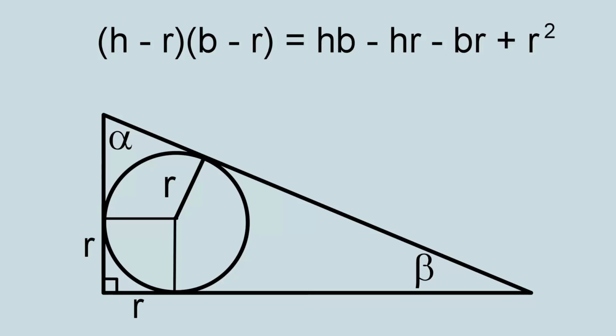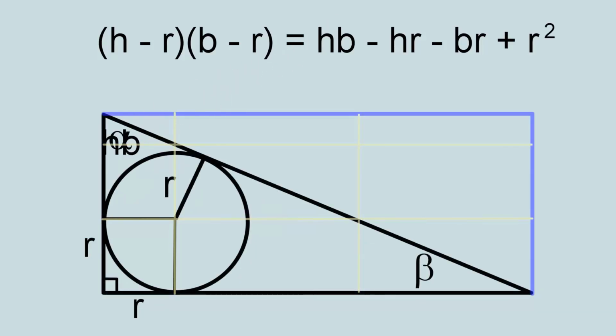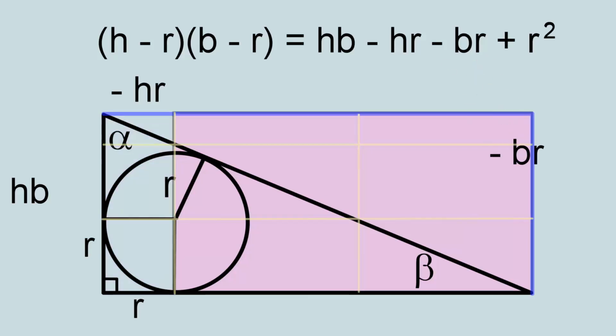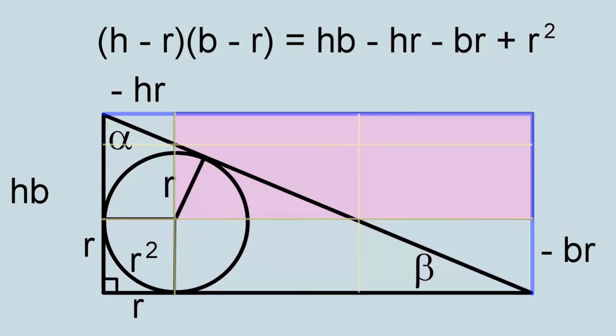And if we apply those terms to the structure that we created a moment ago, we can see that HB equals the entire area of the rectangle, and from that we subtract HR, which would be the leftmost column of our structure, and then subtract BR, which would be the bottom row of our structure, and we note that because we've subtracted R squared twice, as it was included in each of the rows and the columns removed, we have to add one of those back in.